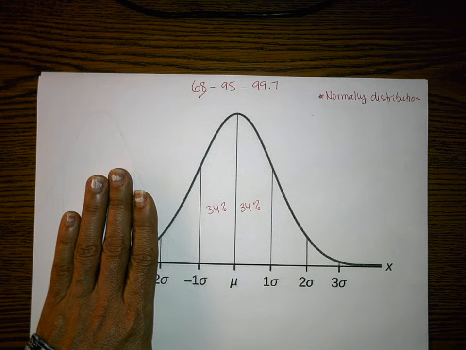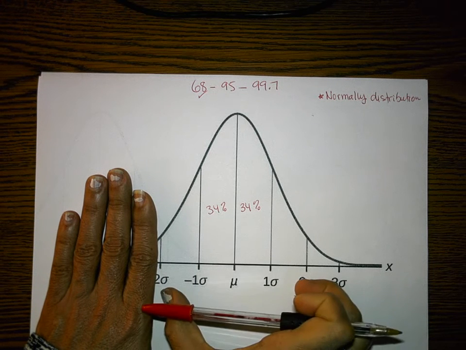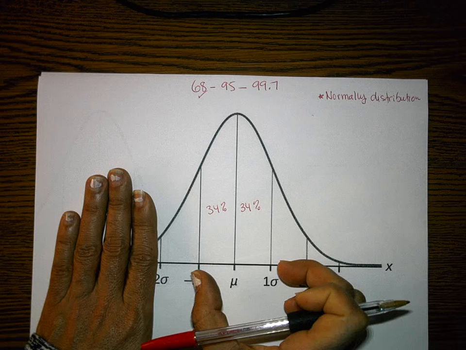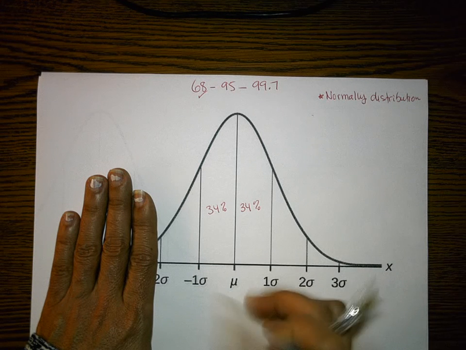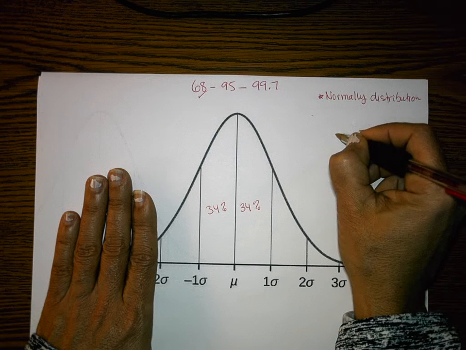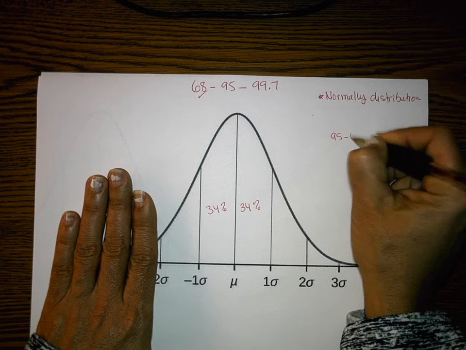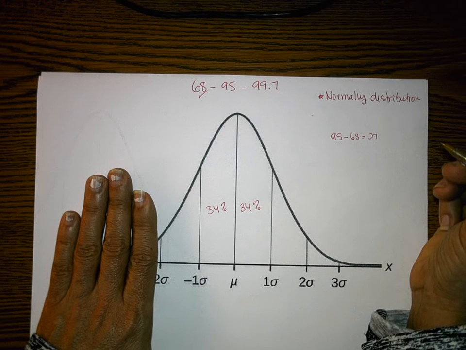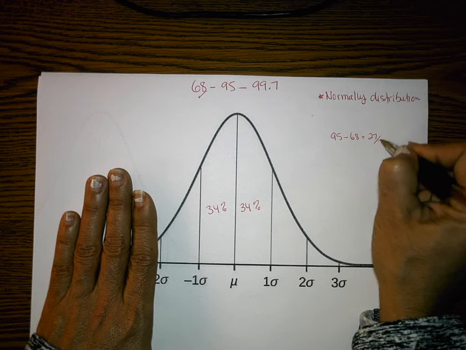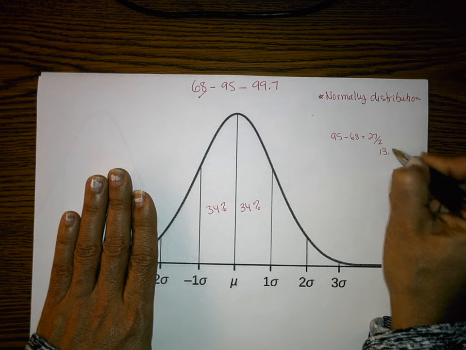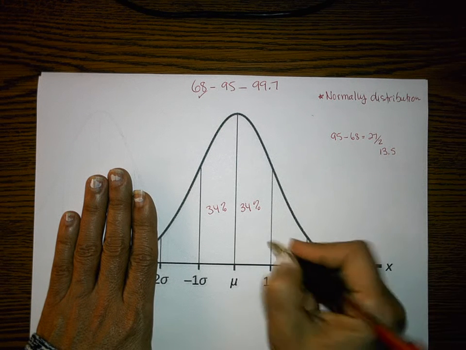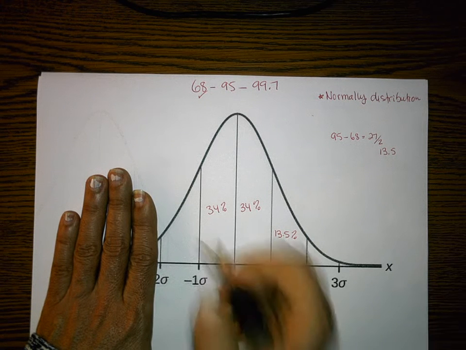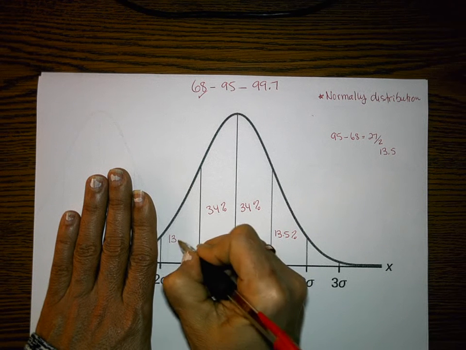If 95 is within 2 standard deviations, but I already covered 68% of that area, then what do I have left? So let's do a little math here on the side. 95 minus my 68 gives me 27%. When I grab that 27% and divide it by 2, we get 13.5. That means I need to put 13.5 here on this side and 13.5 here on this other side.